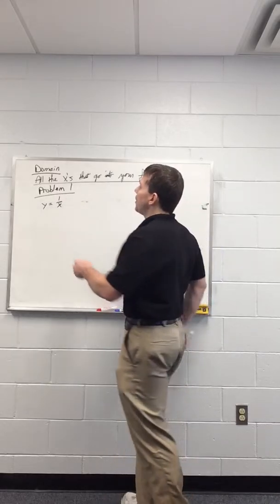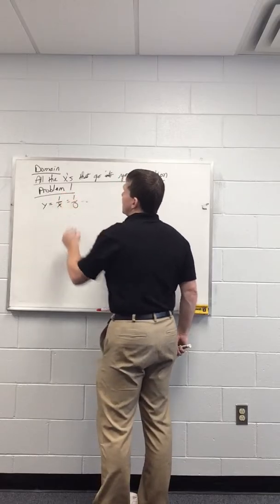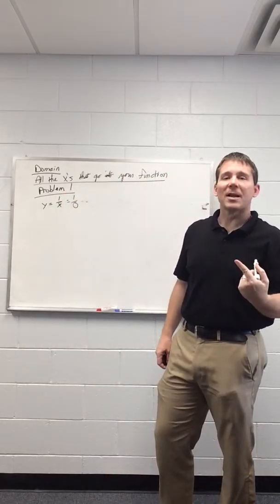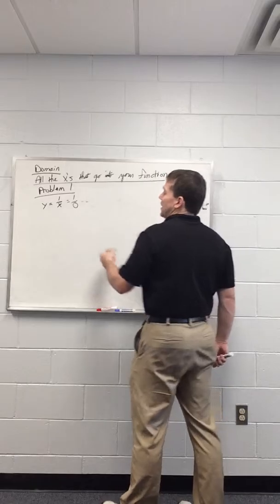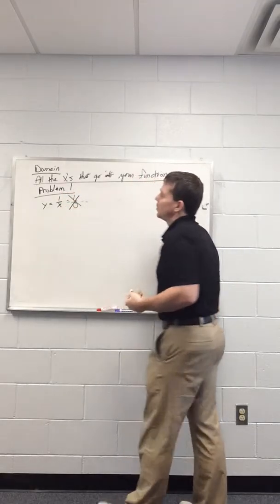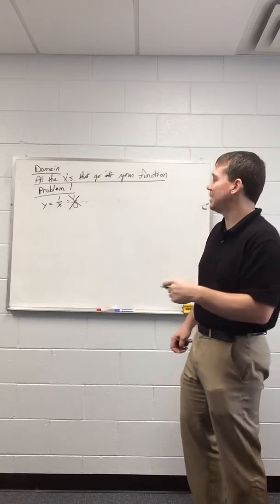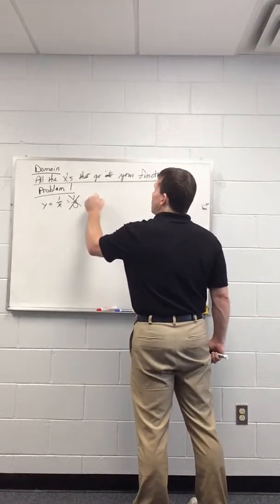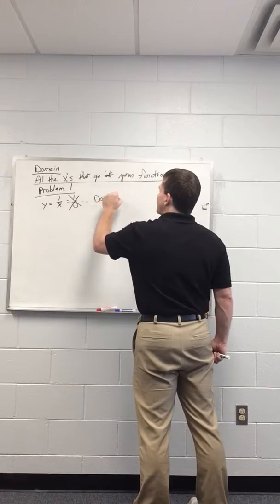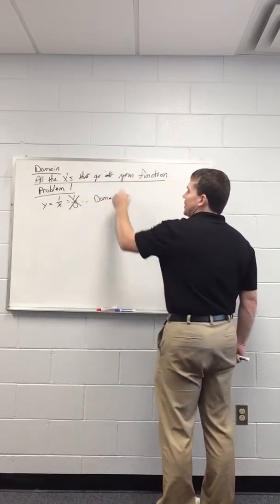If I plug in 0, though, I get 1 over 0, which doesn't work. I'm not allowed to divide by 0, which means in this case, 0 doesn't work. So now I actually have a problem. I can't let x equal 0. So when I do my domain, I can't say all real numbers anymore.